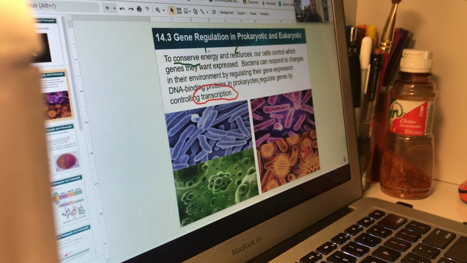Transcription is when DNA, if you remember, we have DNA. Cells have DNA. Bacteria have DNA. When DNA is transcribed into RNA, that is transcription. Transcription is where a lot of the control by bacteria occurs.